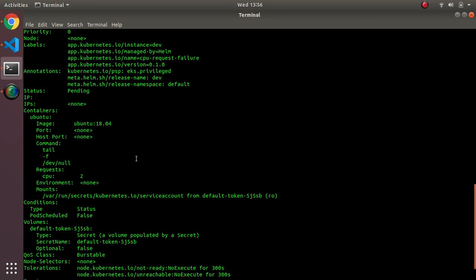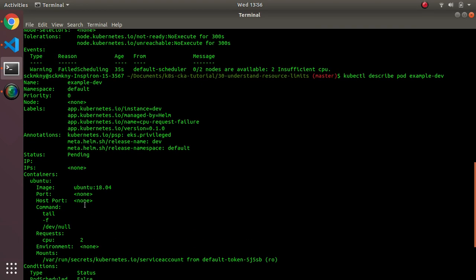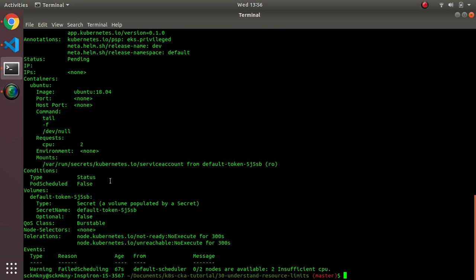Where's that status at? Container conditions, scheduled. Status pending. Oh, it's here. I'm just trying to figure out. When describing the pod, yeah. Hang on, let me get the pod. I think you get more detail when you get the pod, example dev.